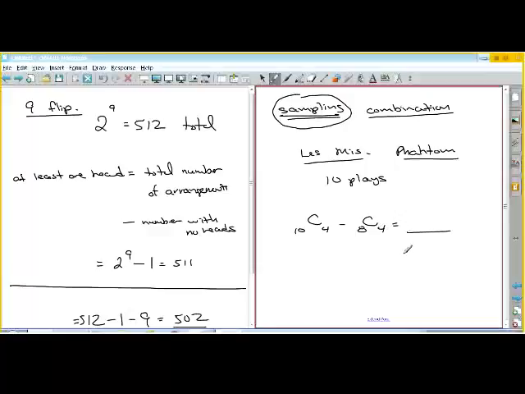And that answer is the number of groupings that contain at least one of the 2 plays that we discussed above.